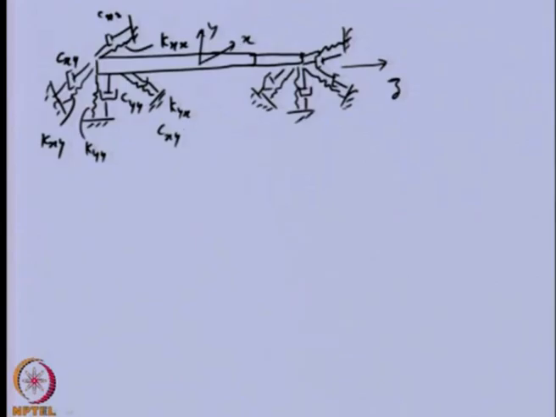That is why I have changed the subscripts of the coefficients to x and y. So, this rotor which is mounted on the two bearings is identical to the previous analysis. The only thing is that now we have many spring and damper coefficients attached to it.